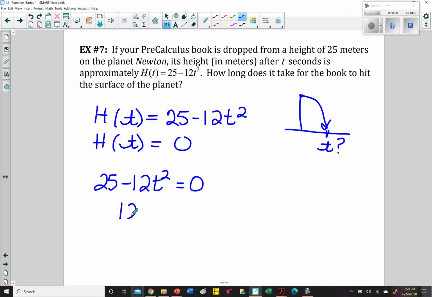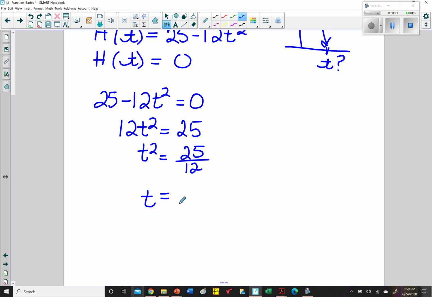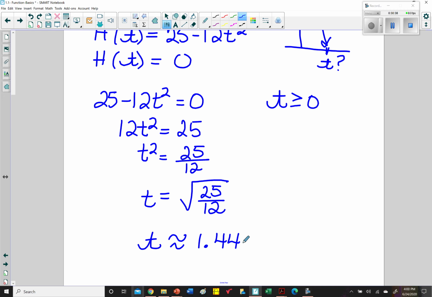So moving the 25 and the 12t squared to isolate those, we would have t squared is 25 over 12, and t is, like I said, I only want to consider positive t, so I don't need plus and minus. t is the square root of 25 over 12, and on my calculator, that looks like about 1.443 seconds. On the planet Newton, your textbook would hit the ground.